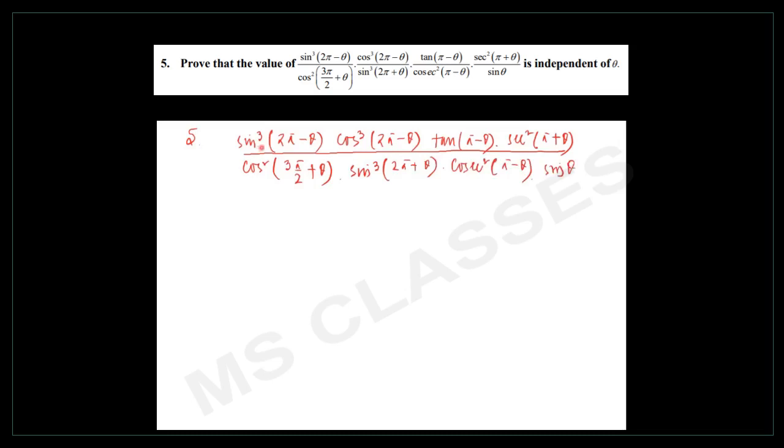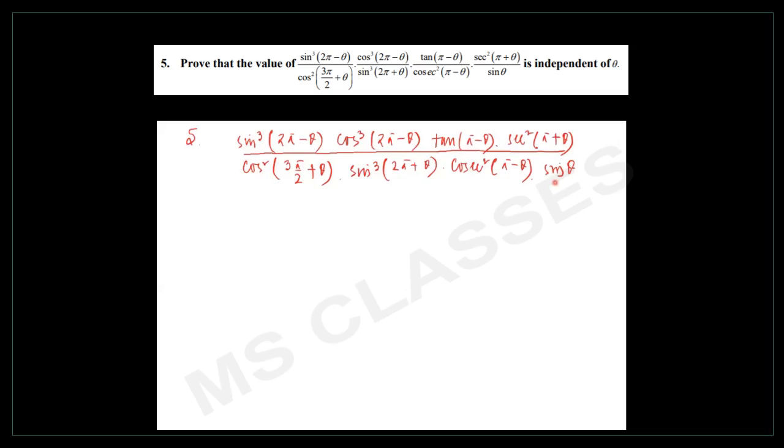So what we have here is sine cube (2 pi minus theta), cos cube (2 pi minus theta), tan (pi minus theta), sec square (pi plus theta), cos square (3 pi by 2 plus theta), sine cube (2 pi plus theta), cosec square (pi minus theta), sine theta.